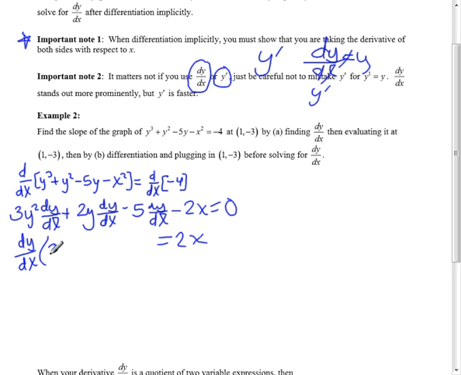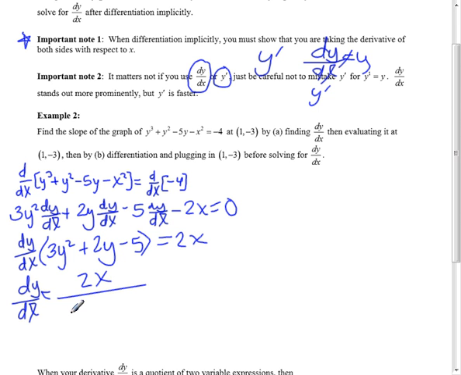Okay, and if we see what's left, we have 3y squared plus 2y minus 5. Alright, and my last step is to find dy/dx, so I could divide by that whole part. So dy/dx equals 2x on the top, all over 3y squared plus 2y minus 5.